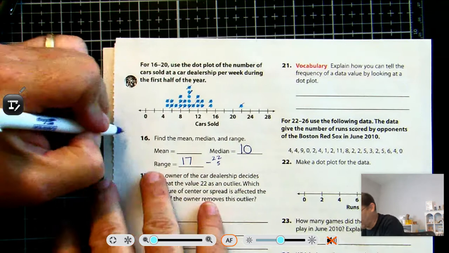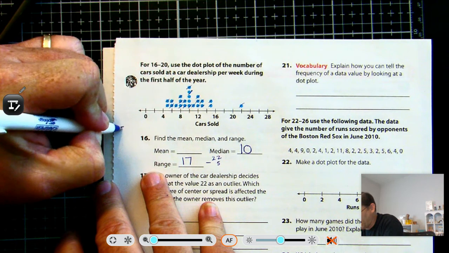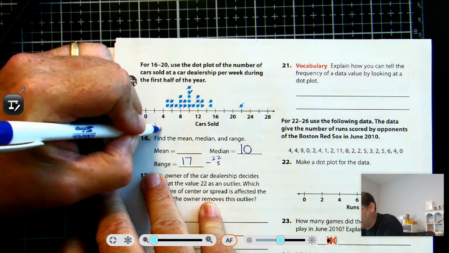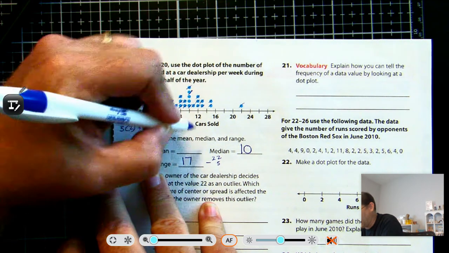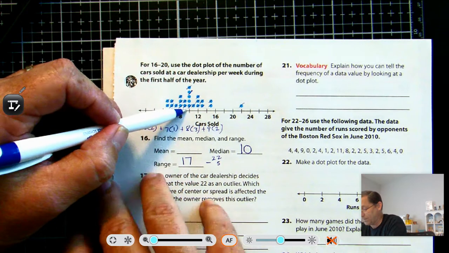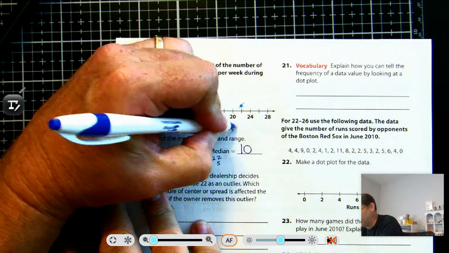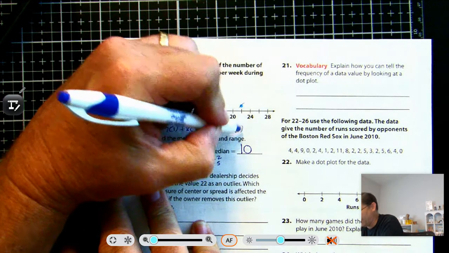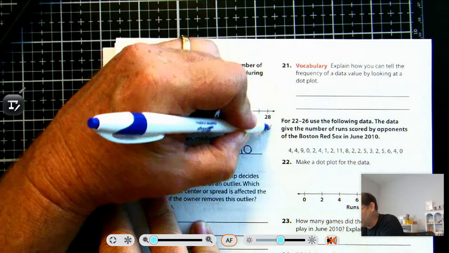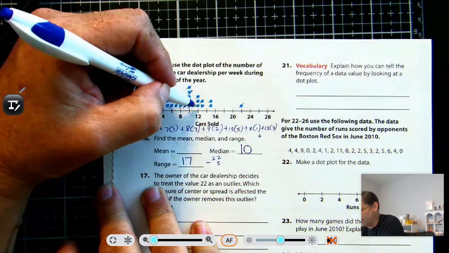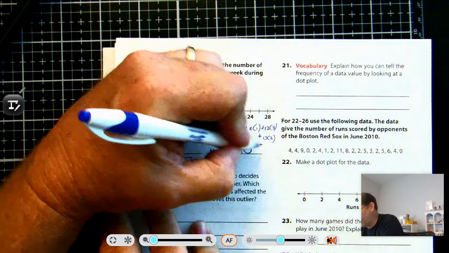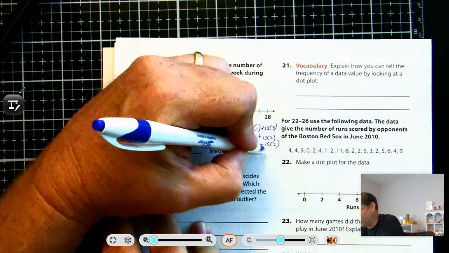And the mean. So we have 5 times 2, 6 times 2, 7 times 1, 8 times 3, 9 times 2, 10 times 5, 11 times 1, 12 times 3, 13 times 2, 15 times 2, plus 22.